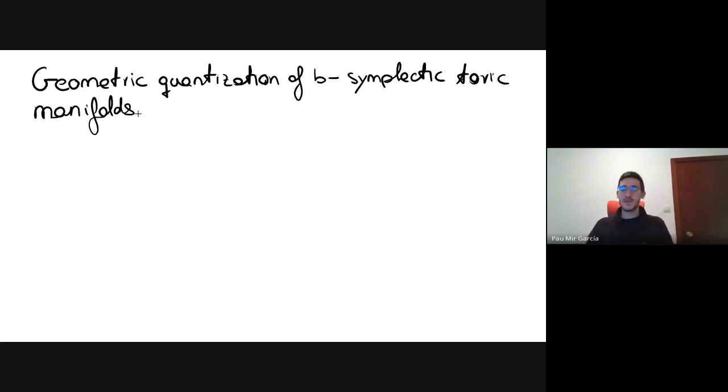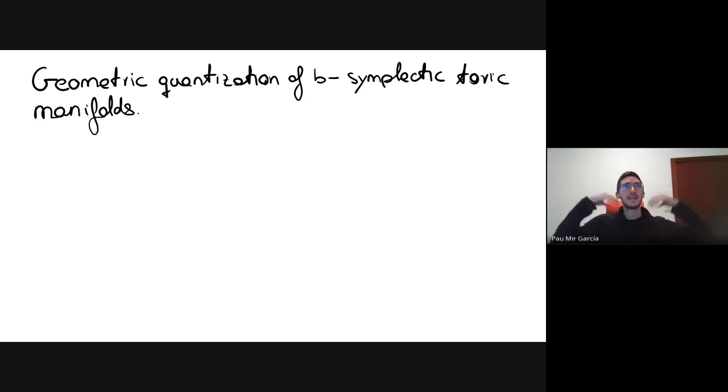But first, let's start with some basic definitions on geometric quantization. To begin with, we will introduce geometric quantization, which involves a few steps: for instance, pre-quantization, and then formally quantization. After seeing what geometric quantization is for symplectic manifolds, we will see a new model on which I am working, which defines geometric quantization of b-symplectic and toric manifolds.